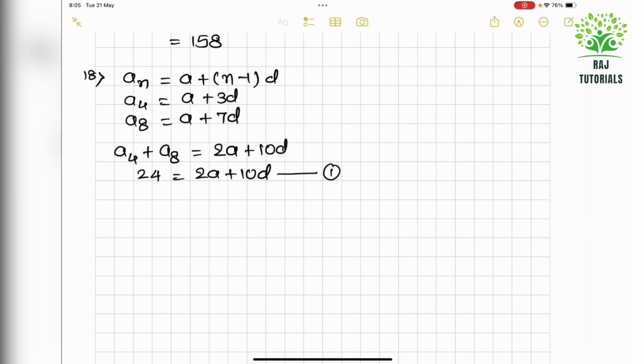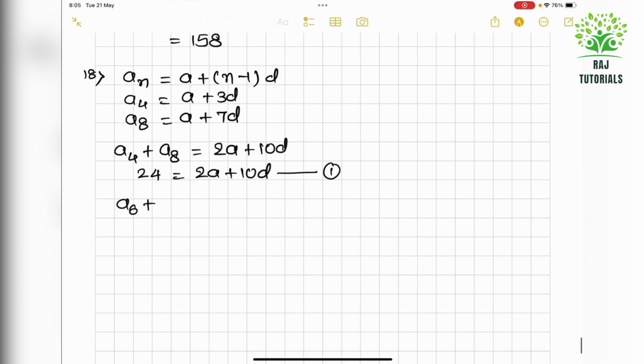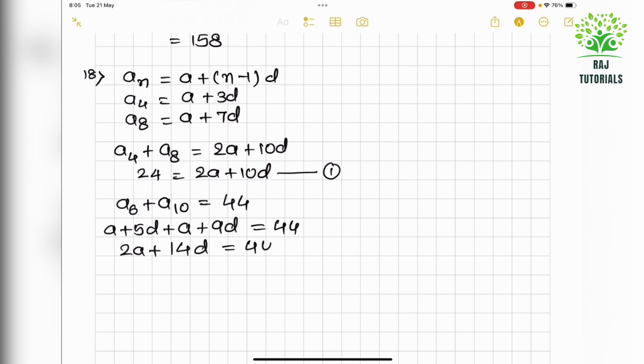Now, the second one he has said A6 and A10. A6 plus A10 equal to 44. So, using the formula directly, I can say A plus 5D plus A plus 9D will be 44. So, A plus A, 2A, 9 plus 5, 14D equal to 44. This is equation 2.